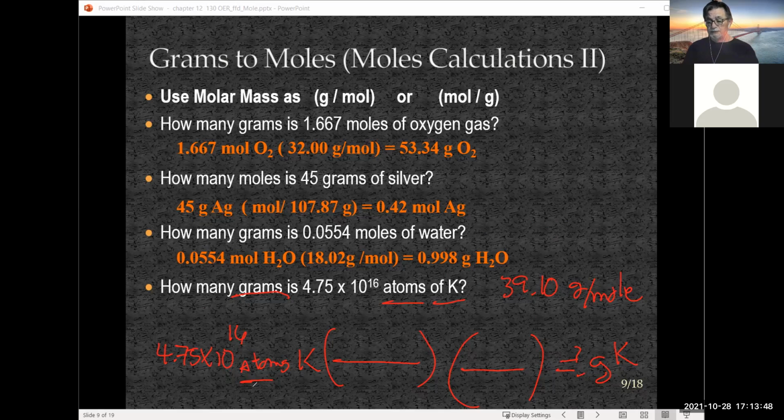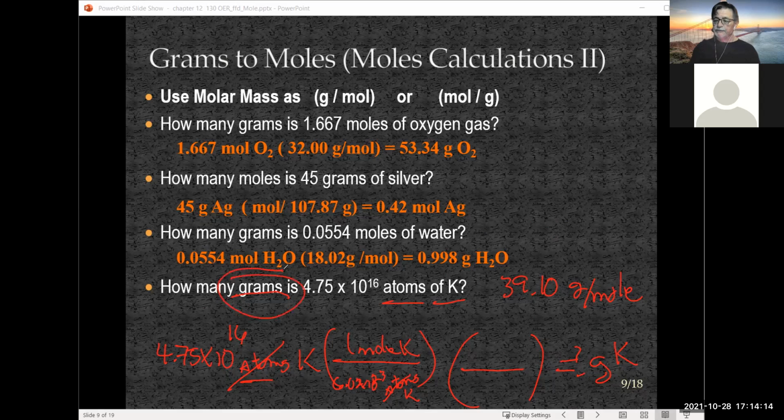So we want atoms in the denominator. So 6.02 times 10 to the 23rd atoms of potassium per 1 mole of potassium. And if we stop the calculation here, we would just have moles of potassium, which is not what we're looking for.